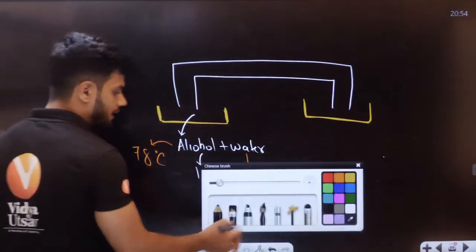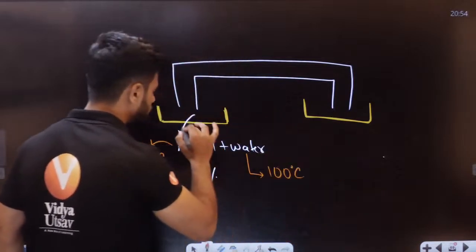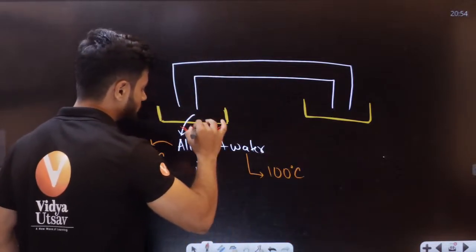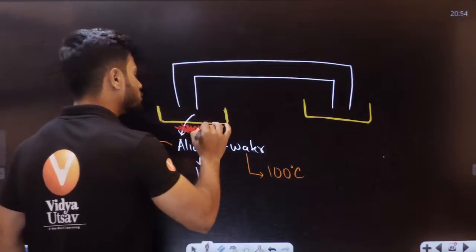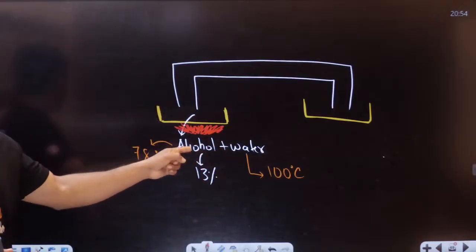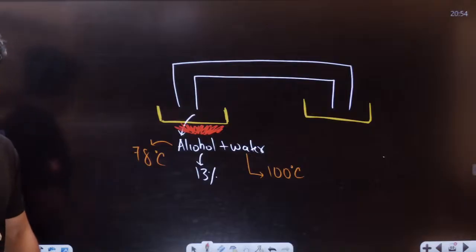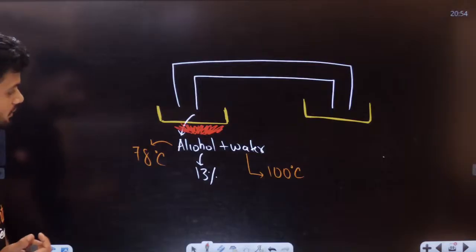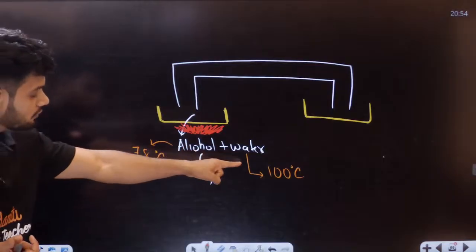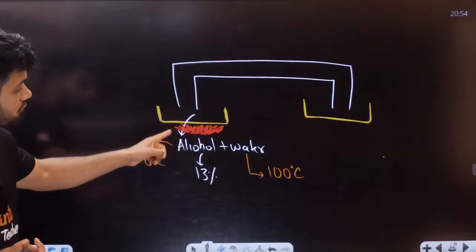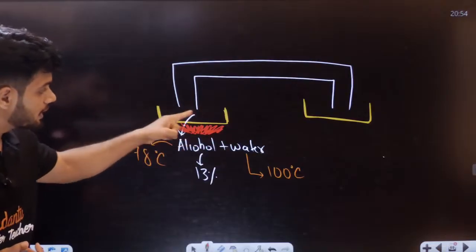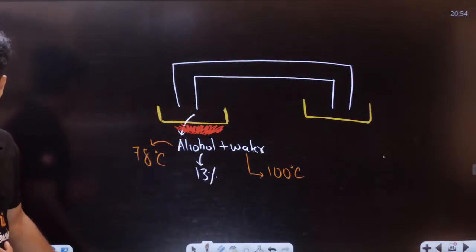Now let's say I will put fire here. There is fire here. Now tell me students, which liquid will boil faster? Do you think alcohol will become vapors or water will become vapor very fast?